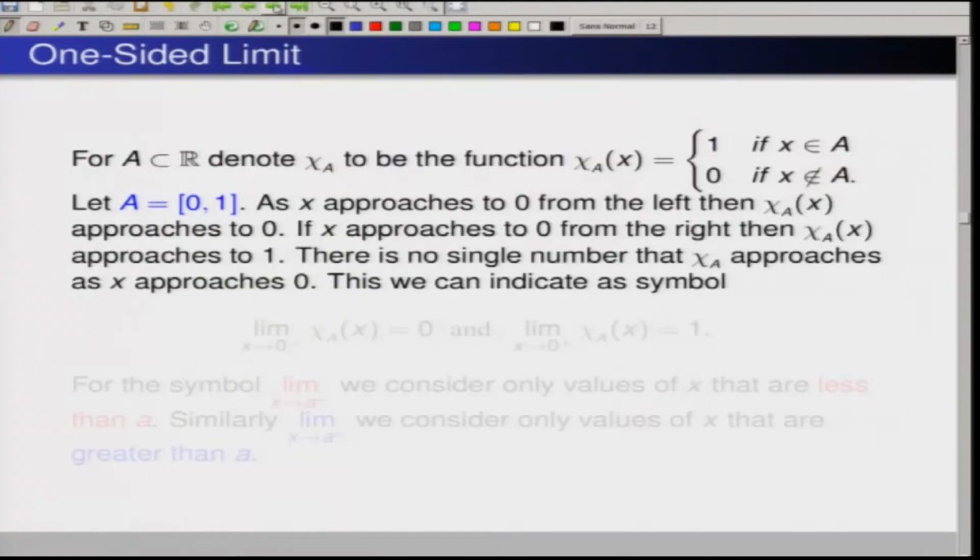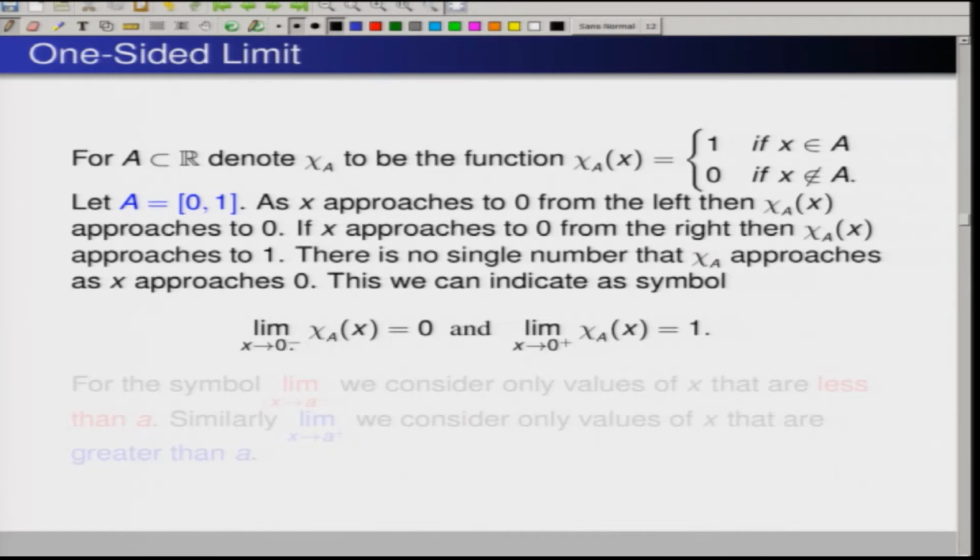We can indicate this phenomenon with symbols: limit x goes to 0 minus, which means you are approaching 0 from the left hand side, and limit x goes to 0 plus, which means you are approaching 0 from the right hand side.